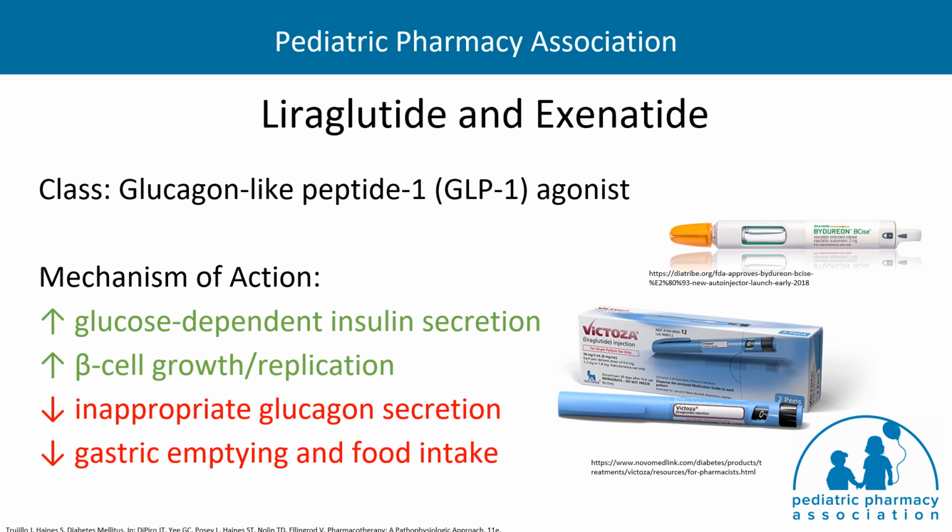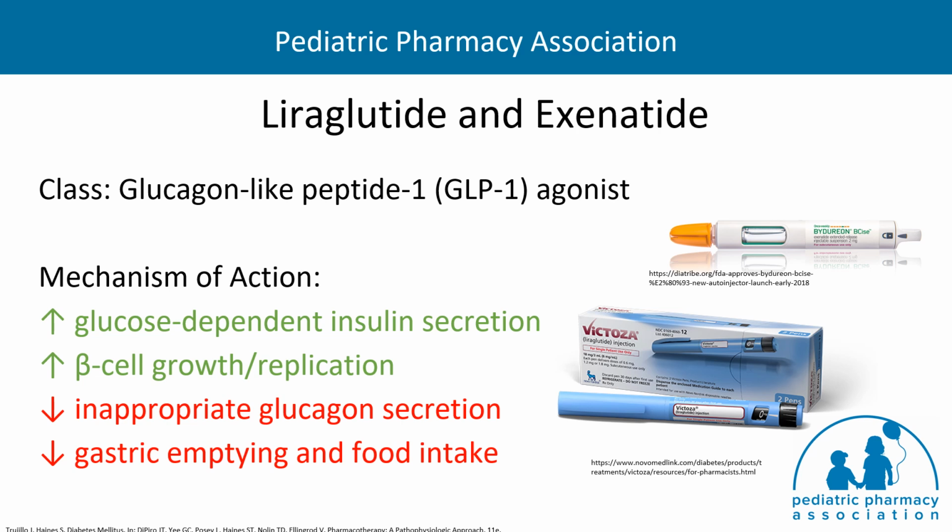So they're going to decrease the inappropriate release or secretion of glucagon. Now, glucagon is responsible for promoting the liver to release extra glucose into the bloodstream. And by shutting off that glucagon secretion, we're decreasing the amount of blood sugar available in the bloodstream. And then finally, they're going to actually promote earlier satiety.